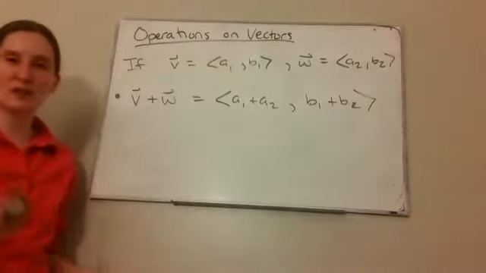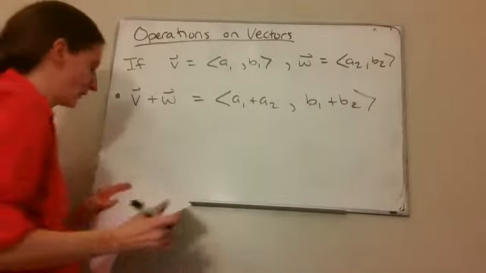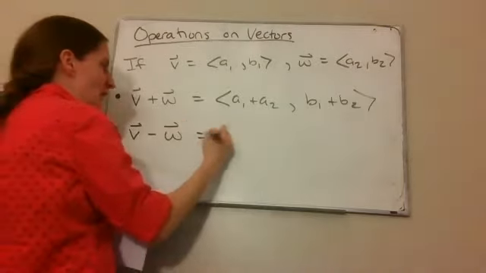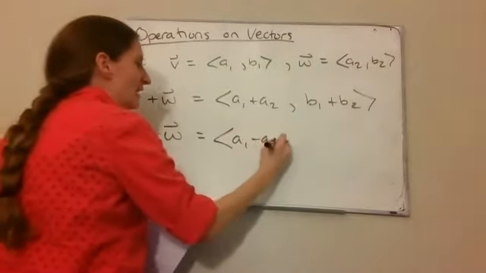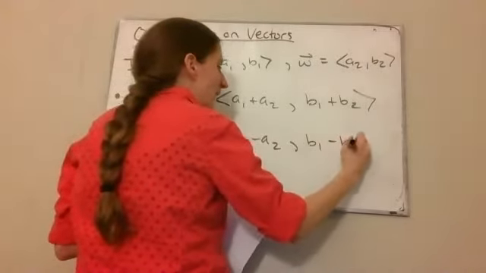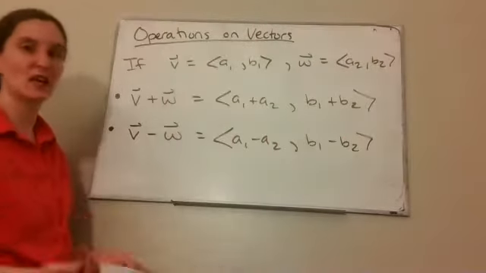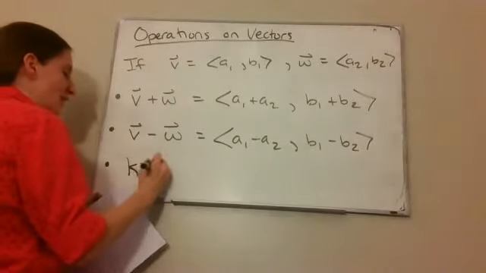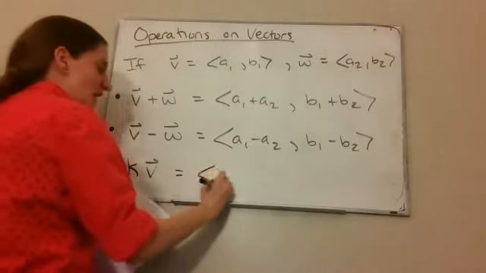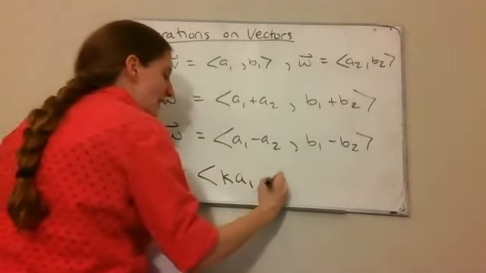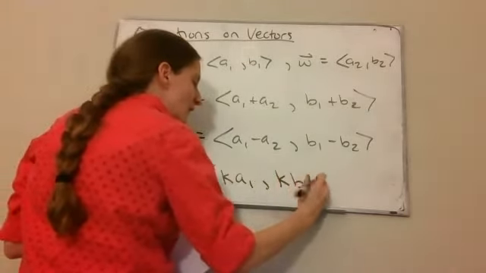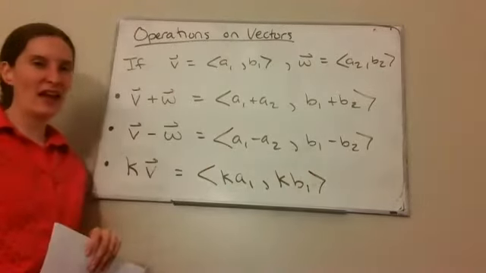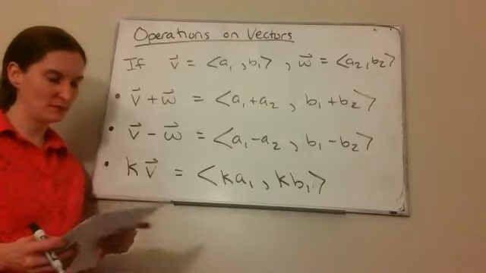So you just add the components when you're adding the vectors. Similarly, V minus W would be A1 minus A2, B1 minus B2. So you just subtract component-wise. And lastly, a scalar multiple of a vector is just the same thing as multiplying each of the components by that scalar. So K times V is KA1, KB1.